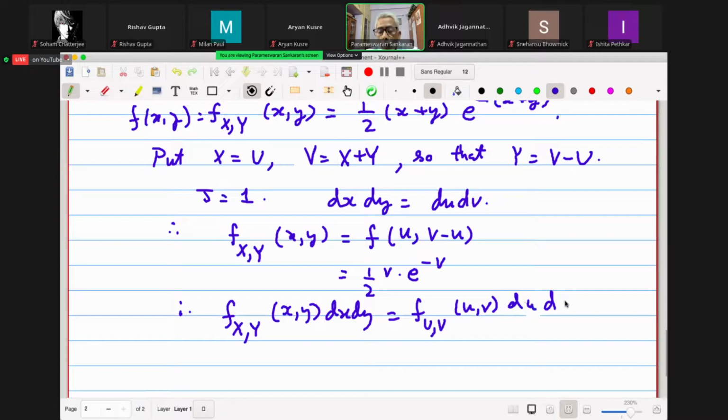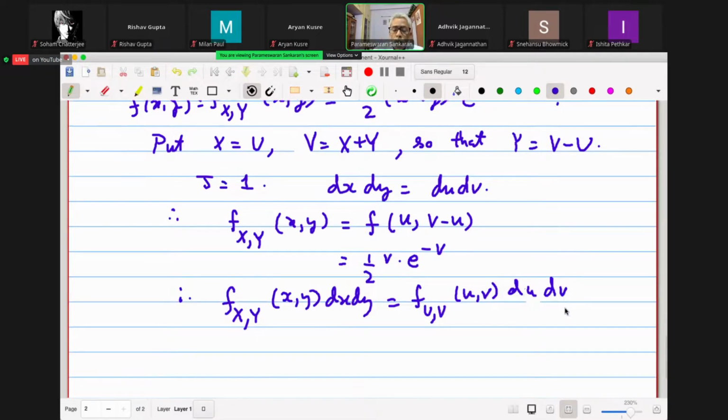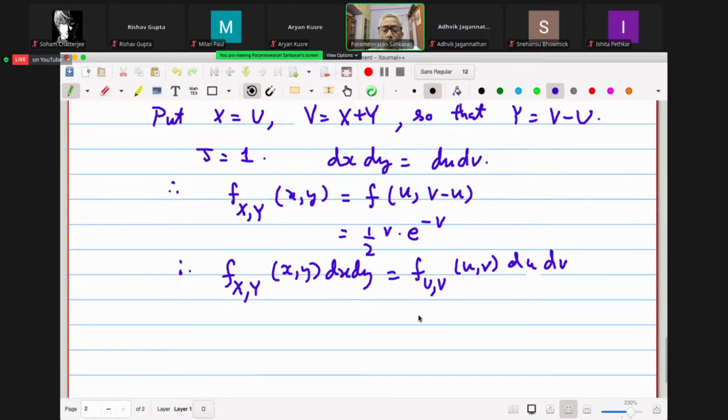So what do we have? f u v of u comma v is equal to one half of v e to the minus v. There's one small thing to explain, which is the minus v.